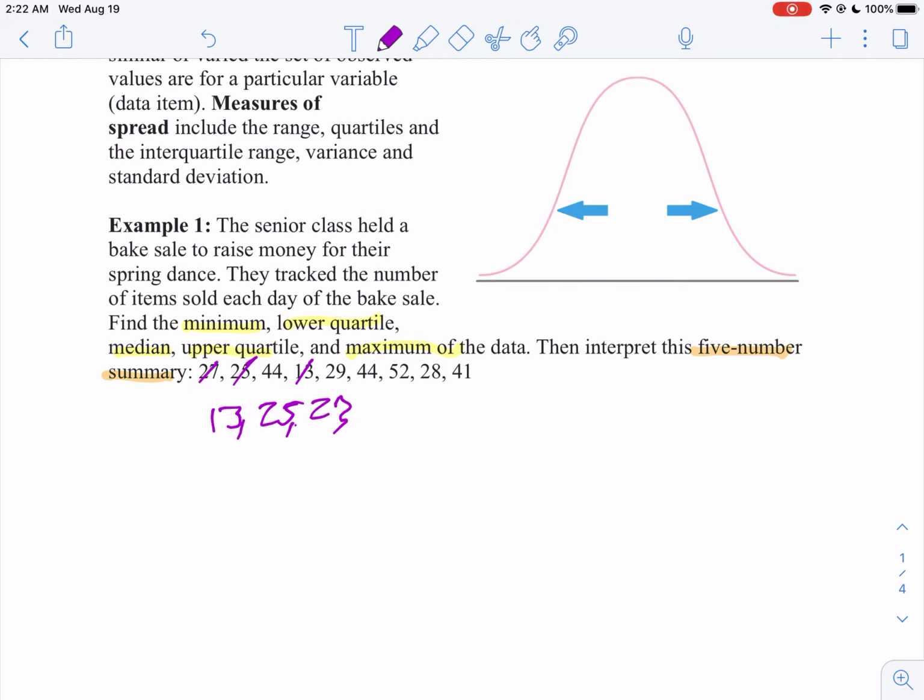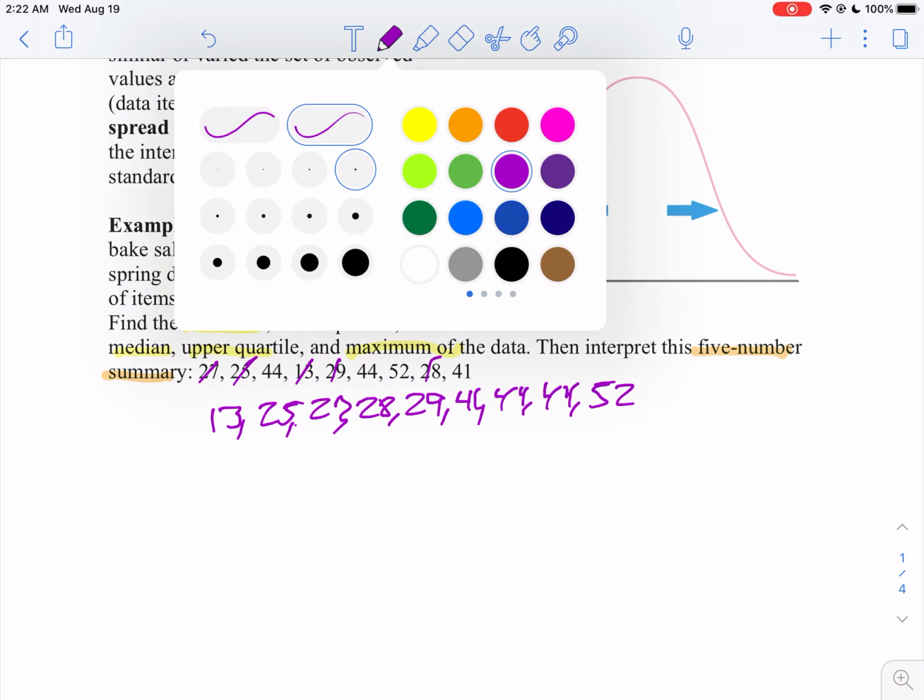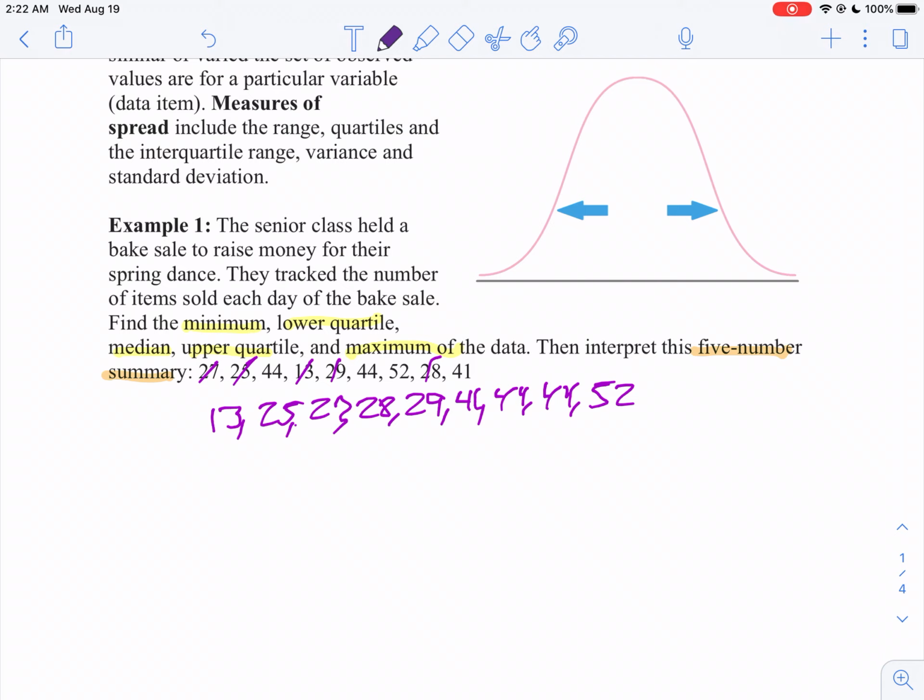After 27, there's 28, 29, 41. There are two 44s, and 52. Well, we can see right away that the minimum is 13.